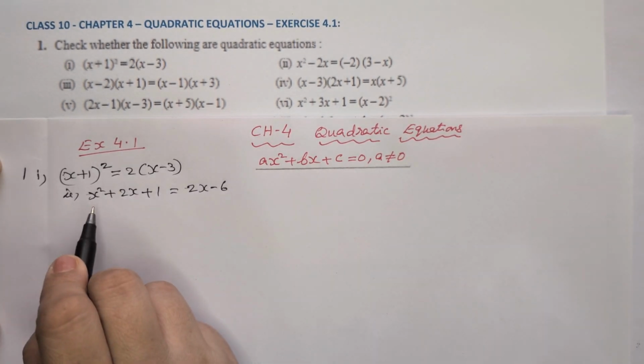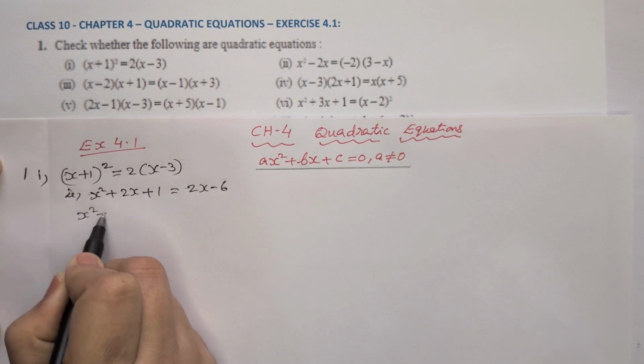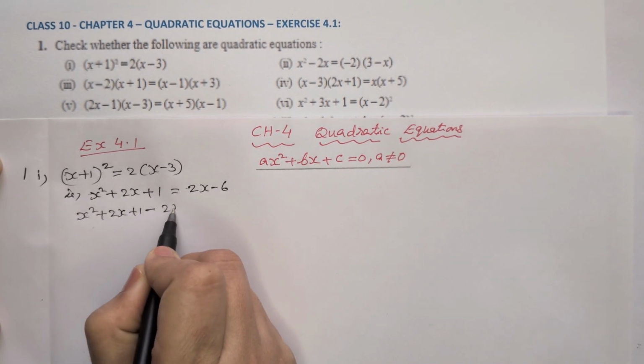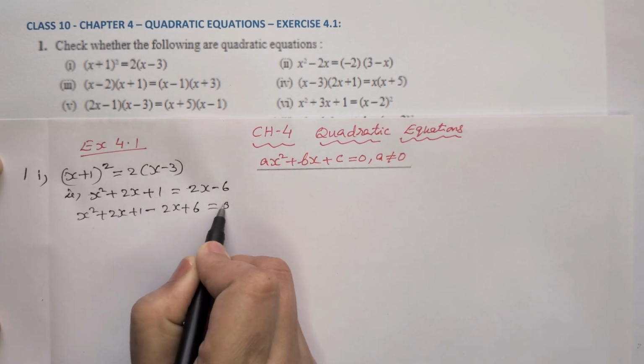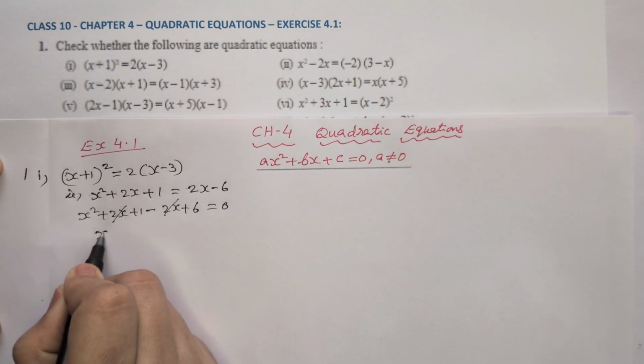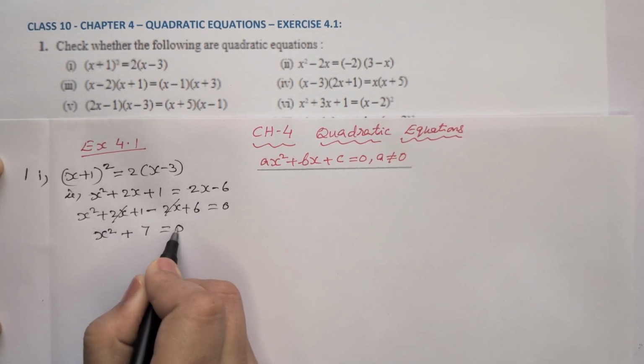Move all the terms to the left side to make the general format. So x square plus 2x plus 1 minus 2x plus 6 is equal to 0. Here this plus 2x and minus 2x will cancel. Then x square plus 7 is equal to 0.